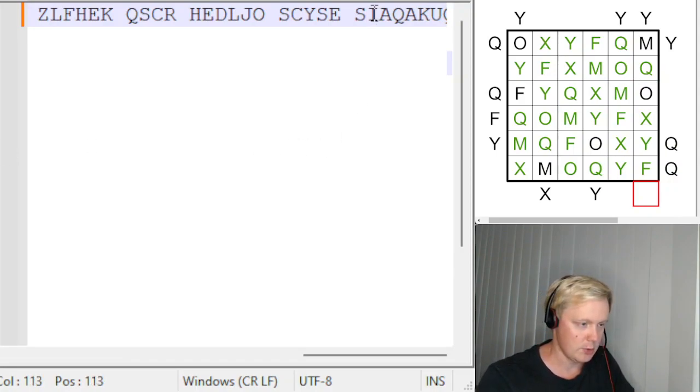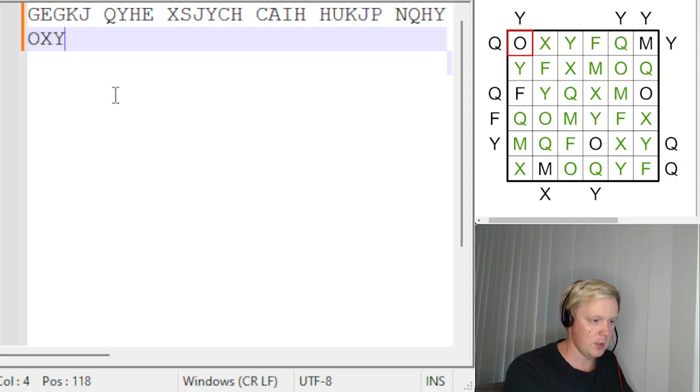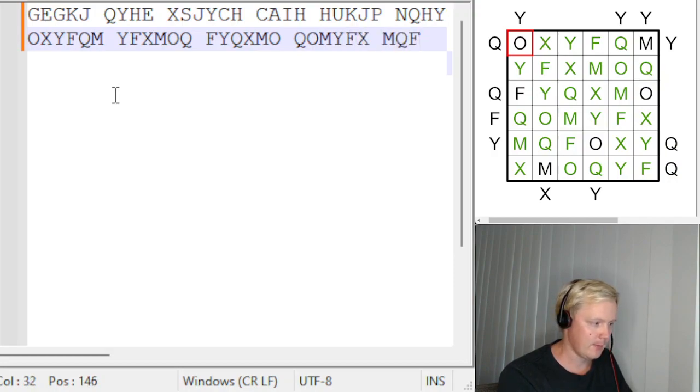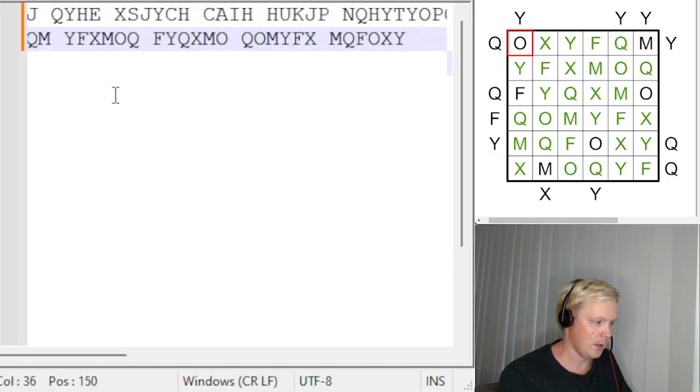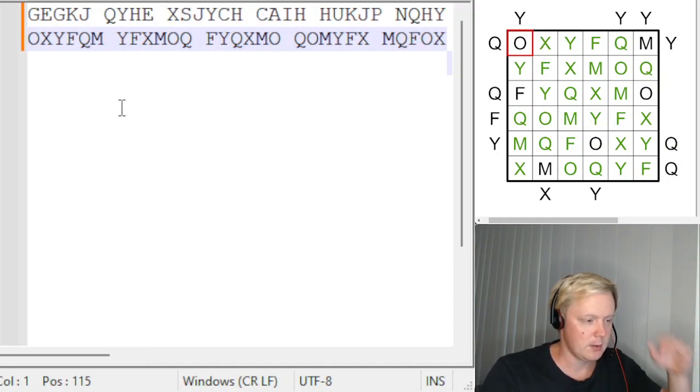So our key is going to be, reading starting from here, OXY FQM, YFX MOQ, FYQ XMO, QM YFX, MQF, OXY and XMO QYF. I hope I typed this in correctly.